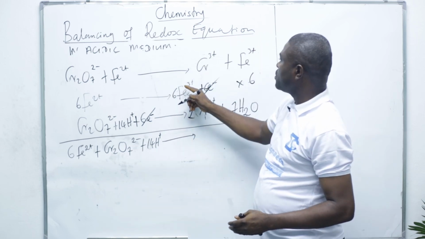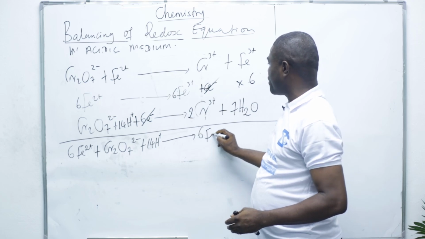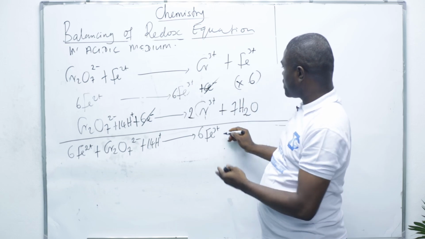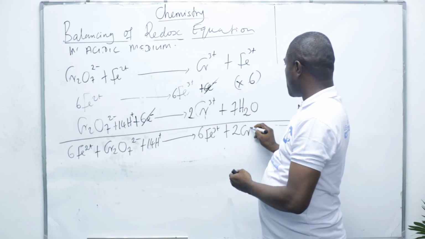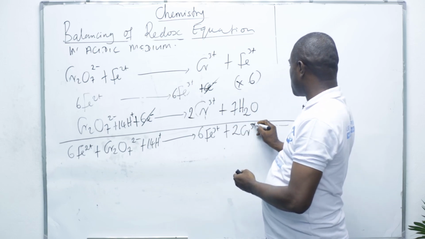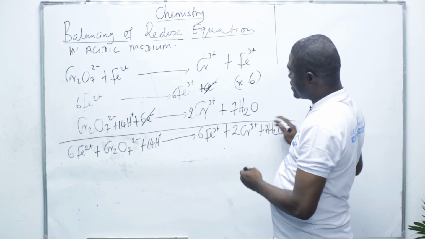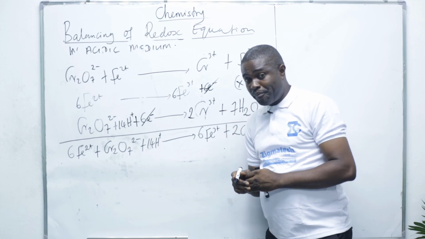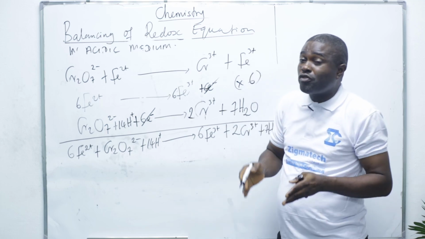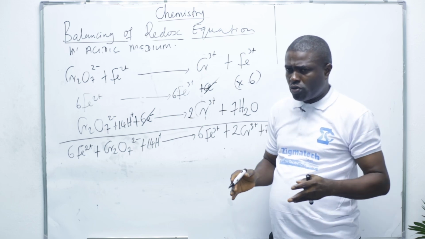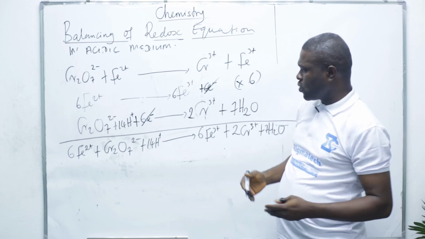Product side gives you for this 6Fe3+. Right? We are done with this. Then plus 2Cr3+. Then plus 7 molecules of water. That is the final balanced equation. But you must check, you must ascertain if it is balanced. You don't just conclude, you must check. How do you check? Let's go.